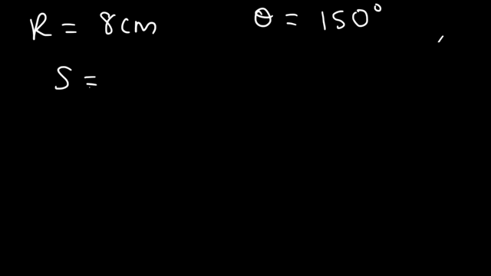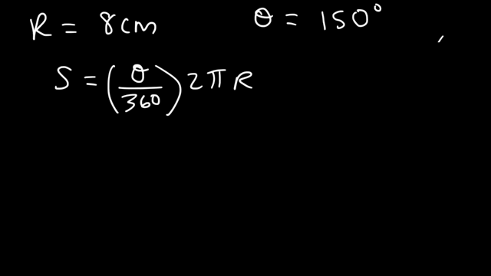So the arc length is equal to the angle in degrees divided by 360 times 2 pi r, where 2 pi r is the circumference of the circle.